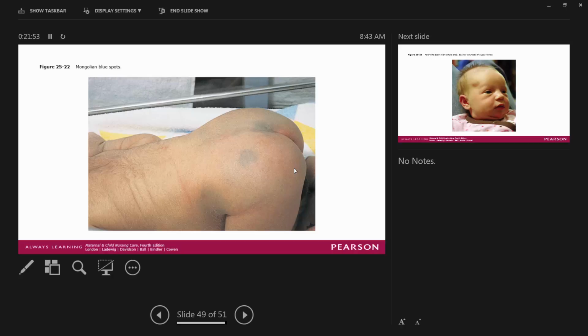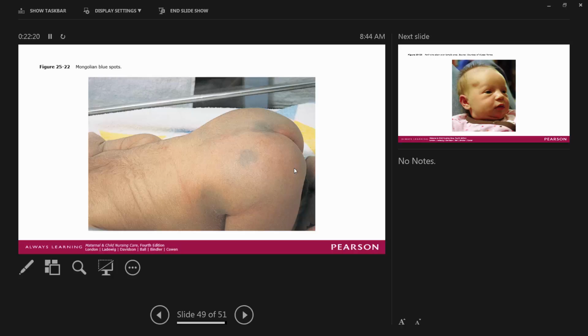The more lanugo a baby has, the more preterm you think they are, but their ethnicity may skew that assessment parameter. When we talk about a tuft of hair or dimpling, we're talking about in this region right here. When we're looking for neural tube defects, assessing our baby's spine is part of our physical assessment.